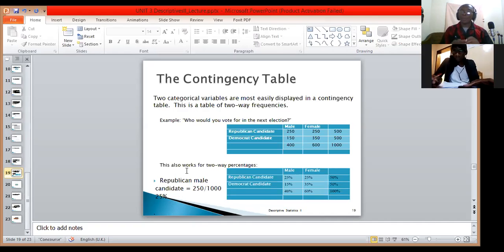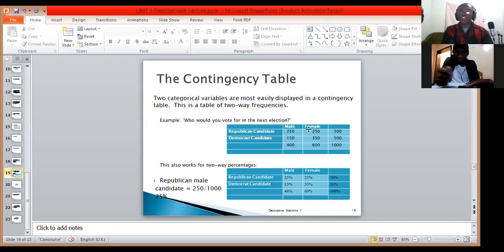With that probability, you need what is called a contingent table, where in your horizontal line, you can put two variables. Then in your vertical line, you put two variables. So for you to find the probability of, like in this case, we have got two genders, male and female.